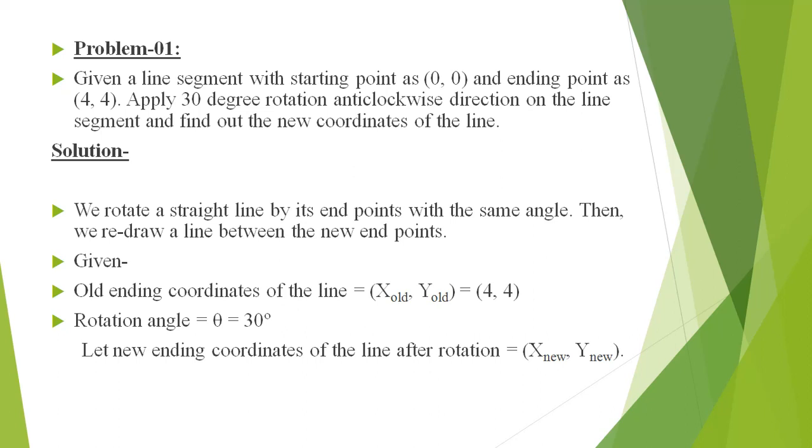We rotate a straight line by its end point with the same angle. Then we redraw a line between the new end points. After that we initialize the rotation angle theta, and in the problem statement the value is given as theta equal to 30 degrees. After that we calculate the new coordinates, x new and y new.